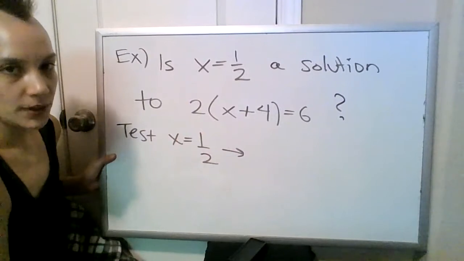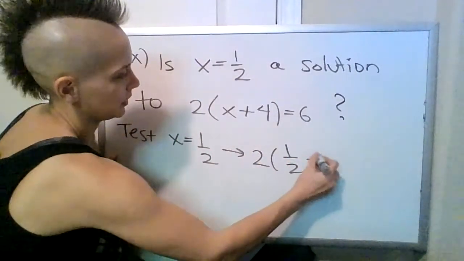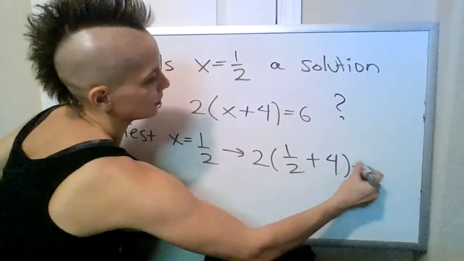Let's do that. Putting in 1/2 for x, we'll have 2 times 1/2 plus 4 equal to 6.